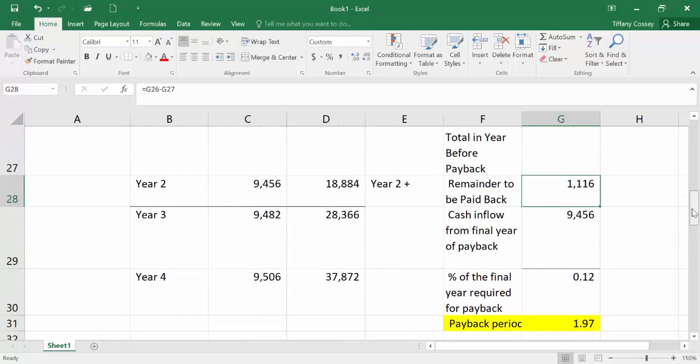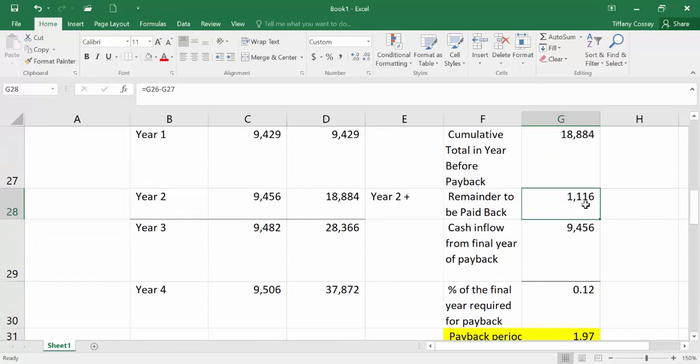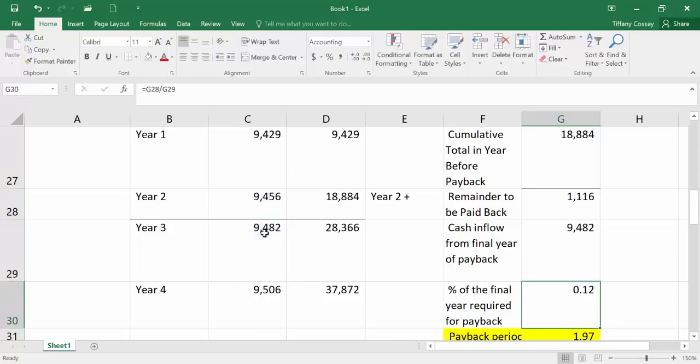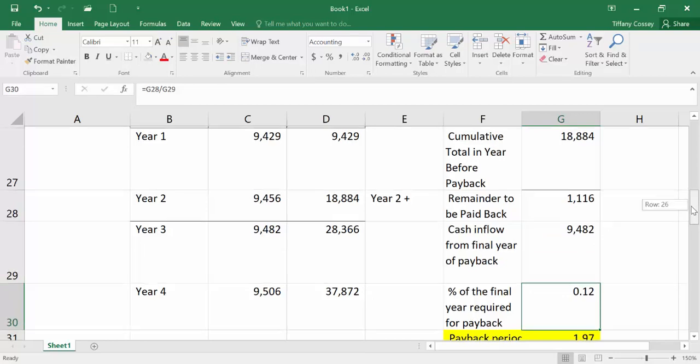This time it's 1,116. From there, I'm going to divide that by the cash inflow from the final year of payback. And this time it's from year 3, $9,482. And it tells us that the percent of the final year required for payback is 12%.